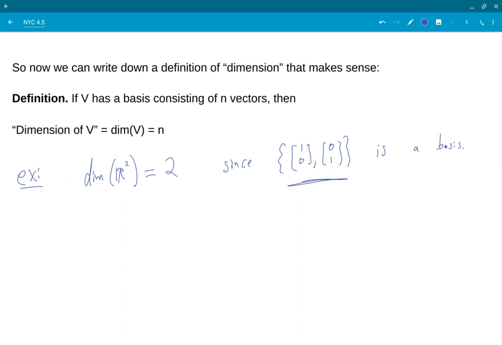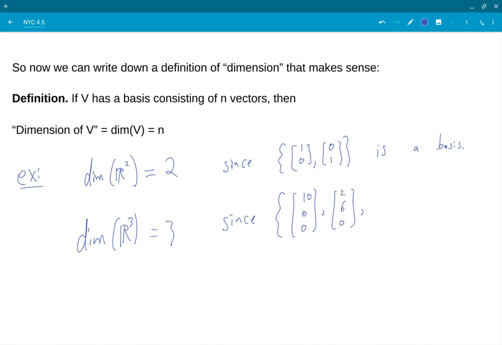Okay, so this is a basis. It has 2 elements, and therefore this dimension is 2. Similarly, dim R3 is going to be 3. You can choose whatever basis you want. It's always going to have three elements.